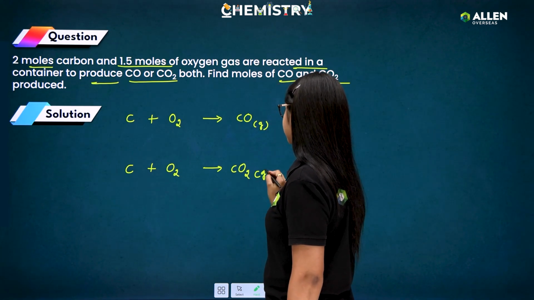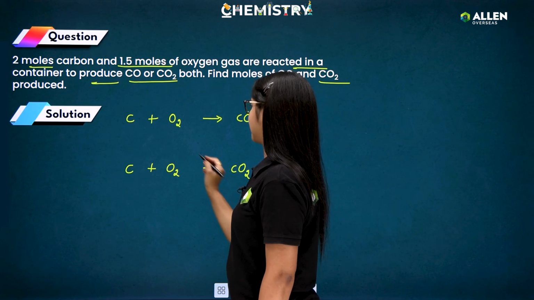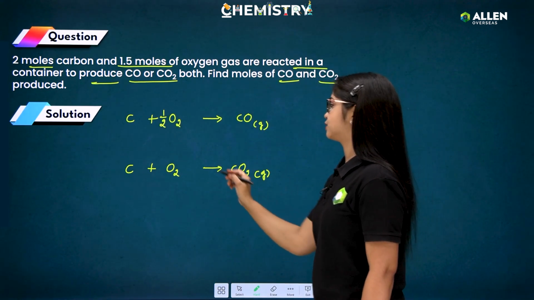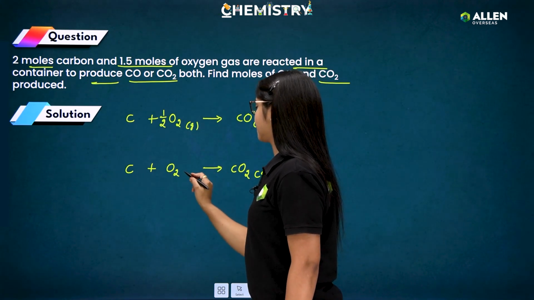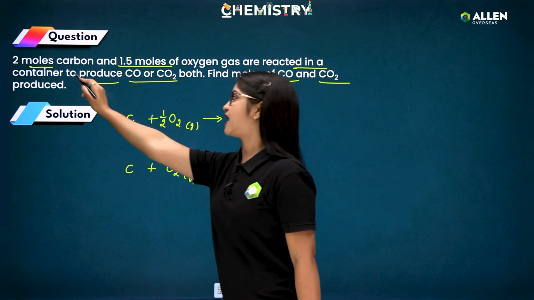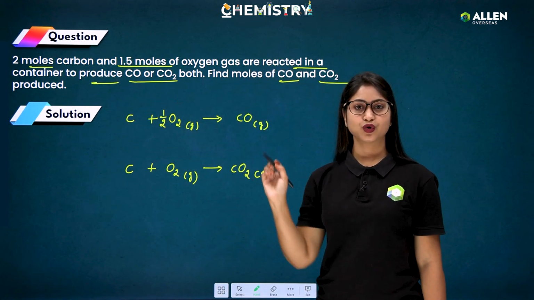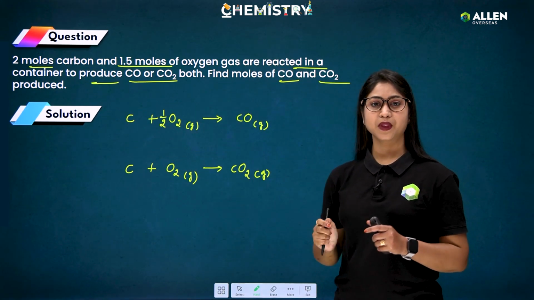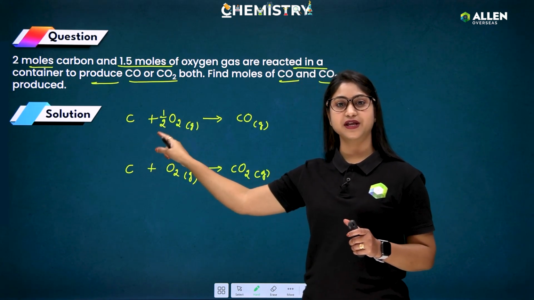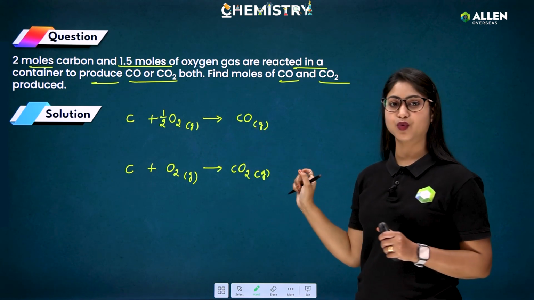We have to balance these reactions. This one is already balanced. Here I have to multiply O2 with half. These are the balanced chemical reactions. Now according to the question, we have 2 moles of carbon. Suppose X mole of carbon is reacting with oxygen to form carbon monoxide.